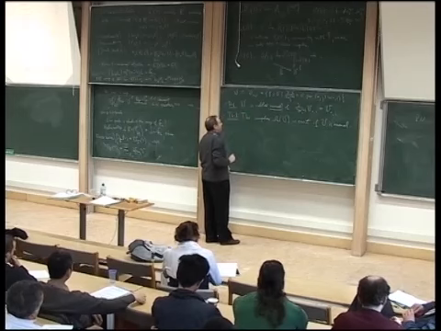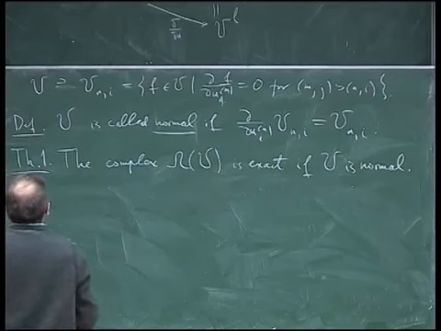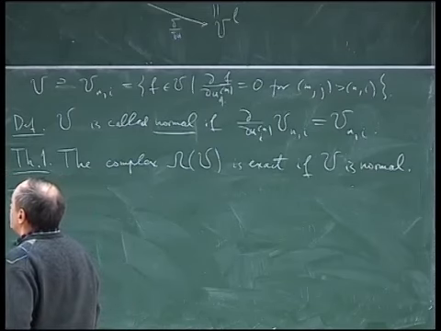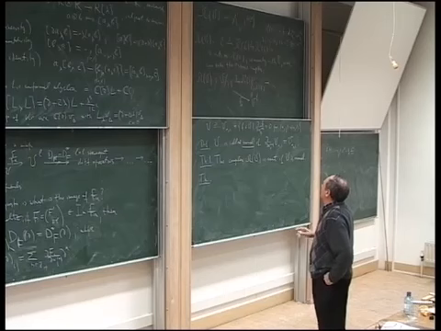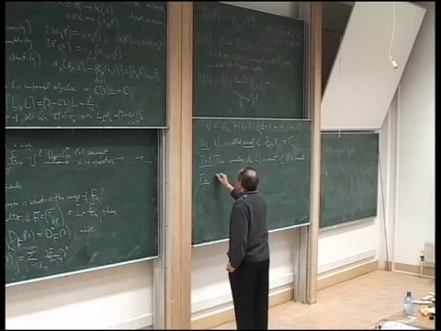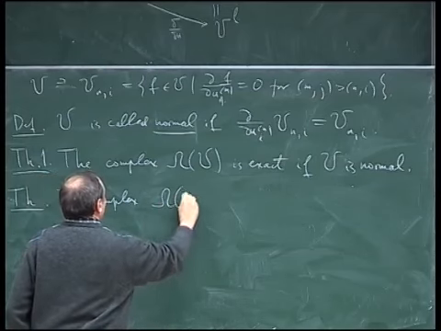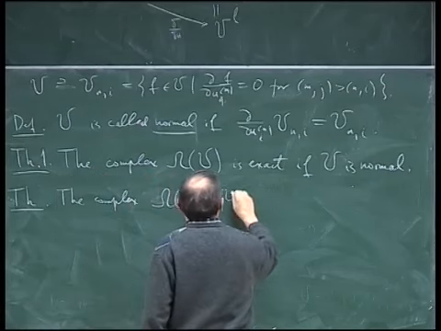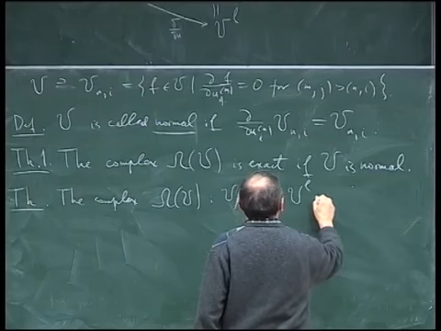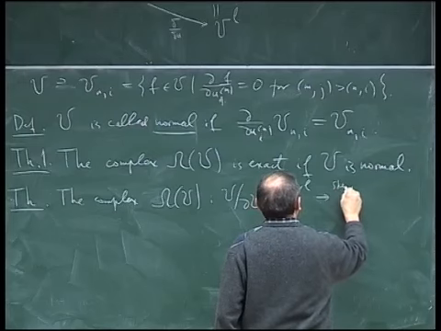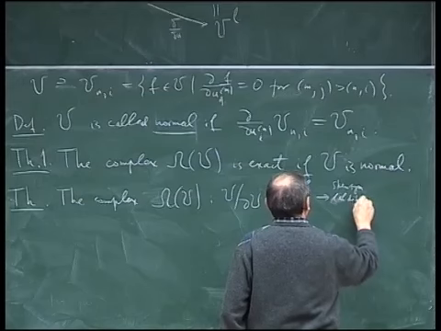So this is the first theorem. And the second theorem is the explicit description of the complex omega. So the complex omega of V, which is V mod dV, going to V to the L, going to skew-symmetric differential L by L differential operators.